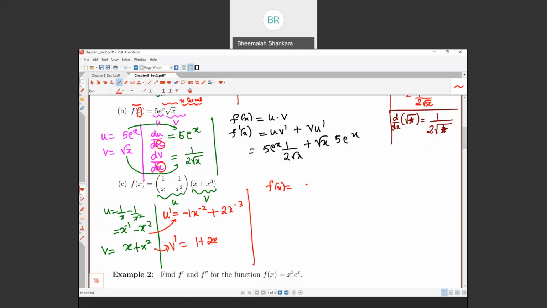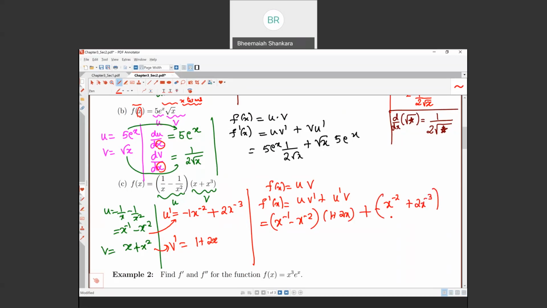F of x is u times v. F prime x is u v prime plus u prime v. So u is the function x to the negative 1 minus x to the negative 2. V prime is 1 plus 2x. And u prime is negative 1 times x to the negative 2 plus 2 times x to the negative 3.